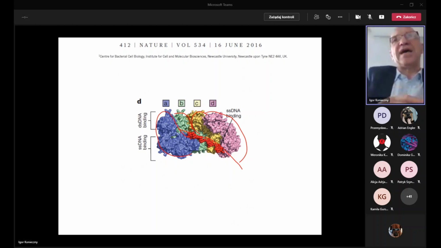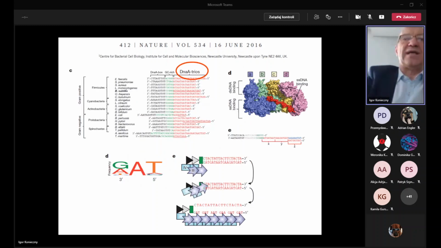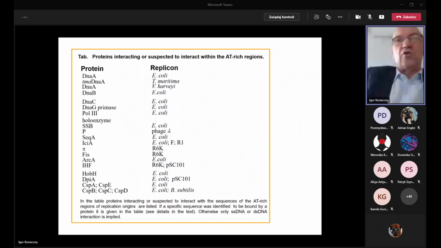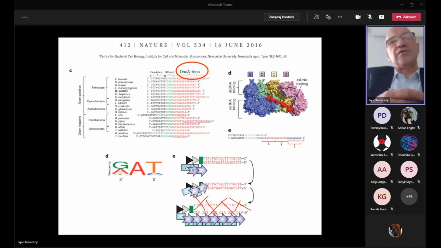The authors could not detect the interaction with single-stranded DNA when they mutated or deleted those trios from the replication origin. So you see that there is still something that could be discovered, something we would not expect: that just repeated sequences would not be identified up to the 21st century within bacterial replication origins.